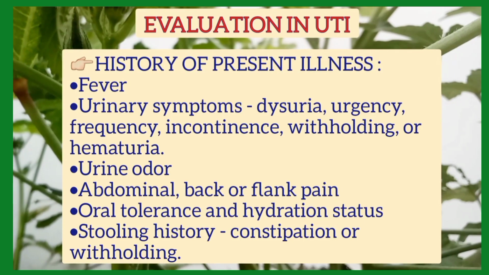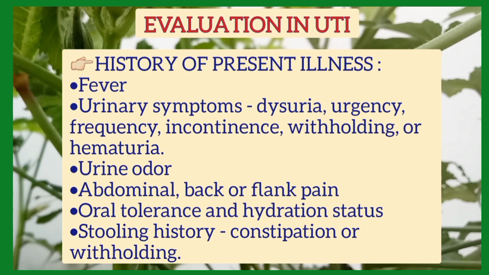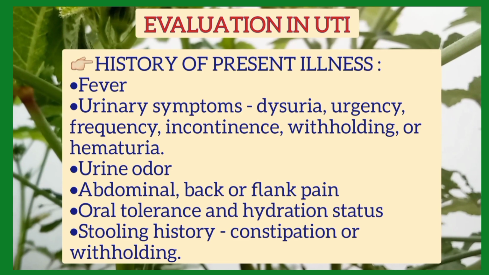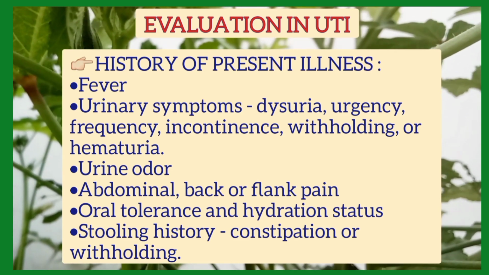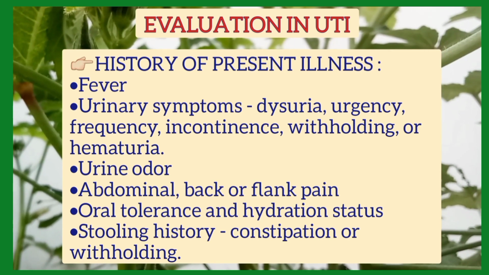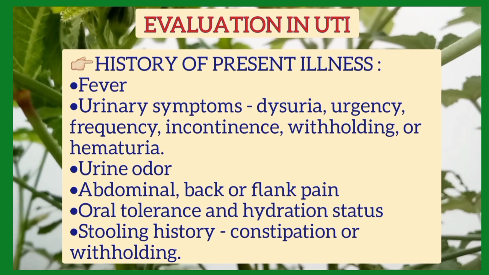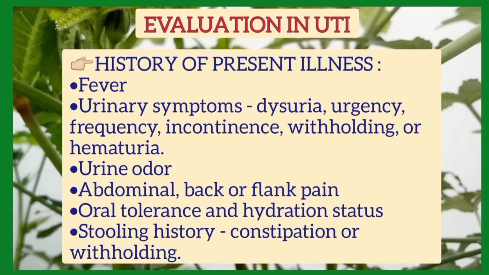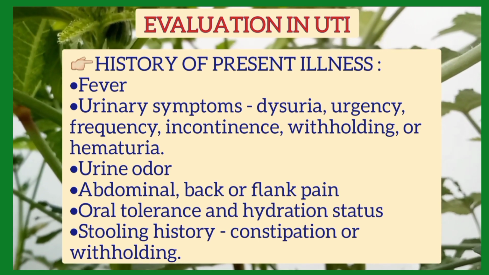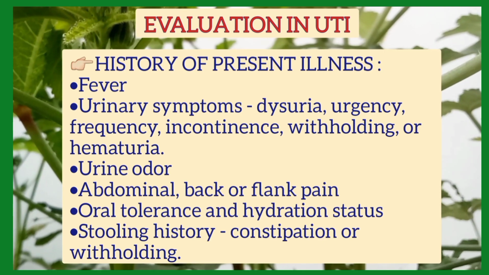Now, how is a UTI case evaluated? In history of present illness, ask about fever, urinary symptoms like dysuria, urgency, frequency, incontinence, withholding or hematuria. Ask about urine odor or abdominal, back or flank pain, oral tolerance and hydration status, and stooling history, that is constipation or withholding.